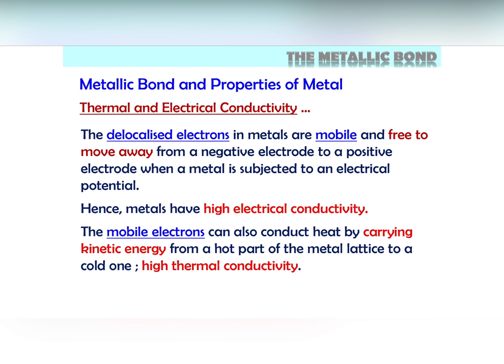So ini yang kita panggil sebagai thermal conductivity. Okay, kalau tadi kita discuss about electrical conductivity, untuk this part, kita mention tentang thermal conductivity. So, both of these semuanya berkaitan dengan sifat elektron yang freely move around, the mobile electrons. Okay?